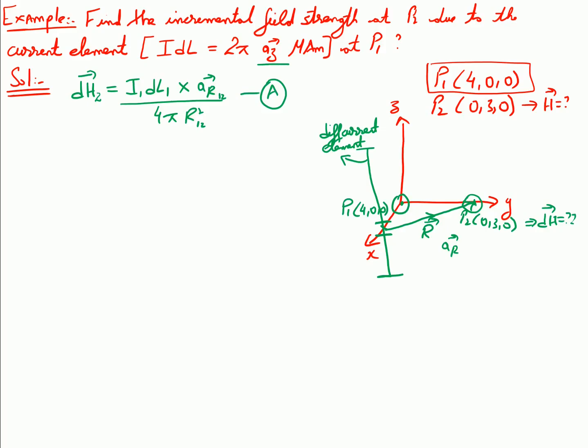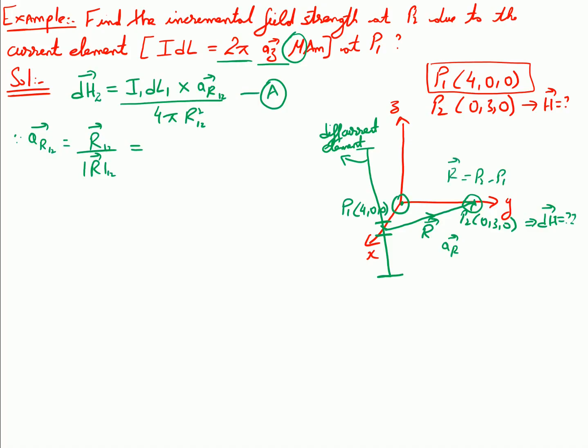So we have the value of I1 dl1, which is 2 pi, and don't forget this micro, 10 to the power minus 6, and we need to find the unit vector AR. So let's first start with the unit vector. We can find AR12 as the distance vector divided by its modulus, R12. So what is the distance vector? It is the difference of 0.2 minus 0.1.